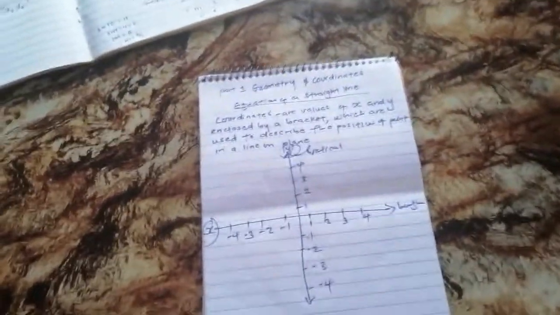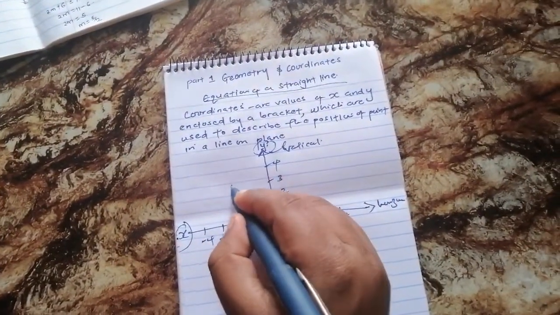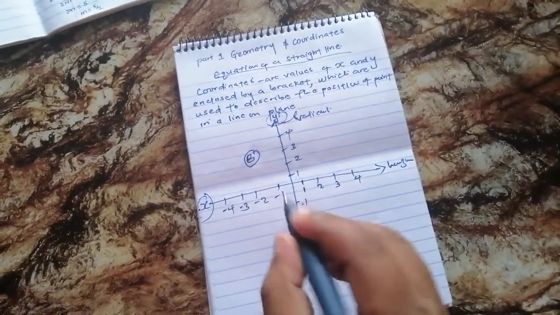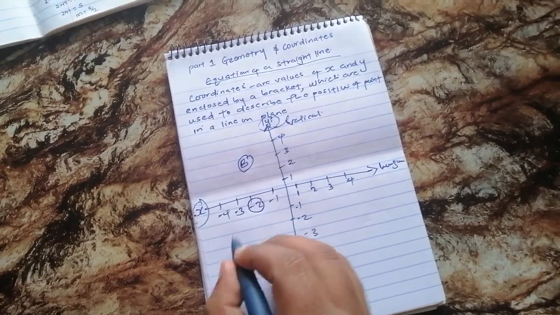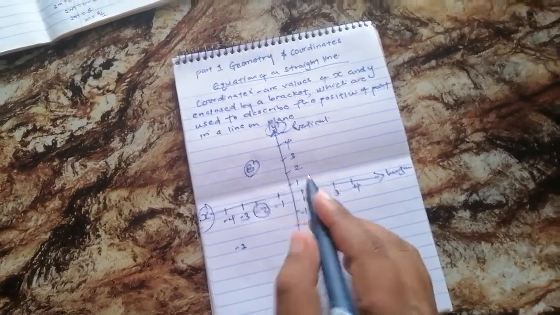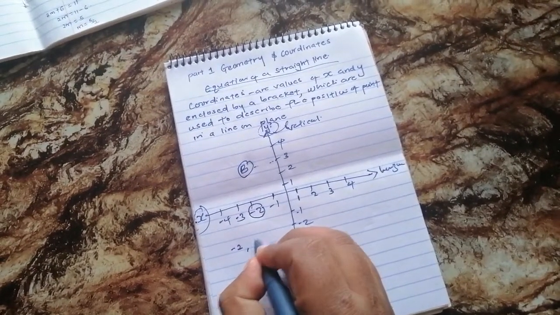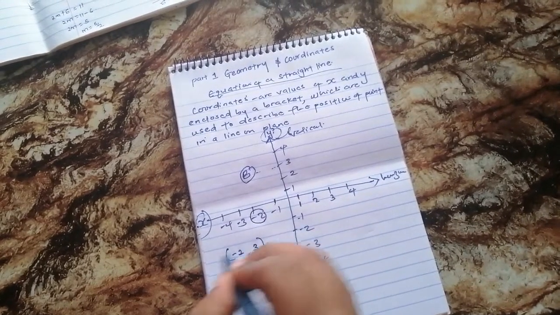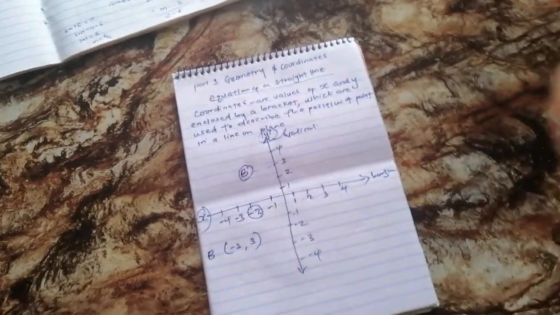And then for example, let's put a point here, point B. The coordinate of this point B will be, we start with x, so it will be negative 2, and then this one is y, positive 3. So point B coordinate will be negative 2, 3.